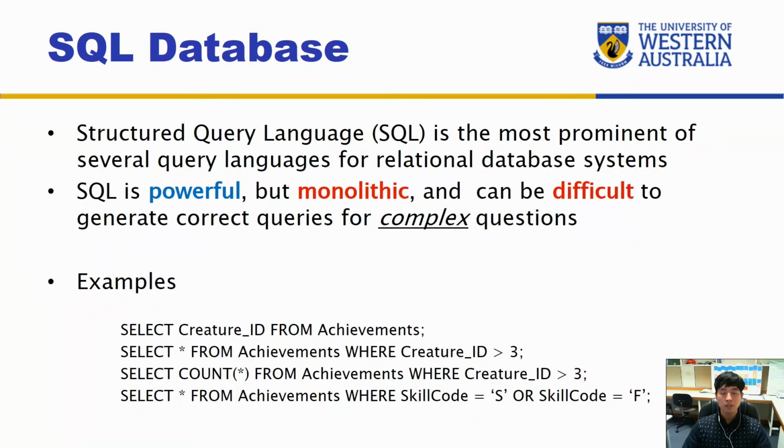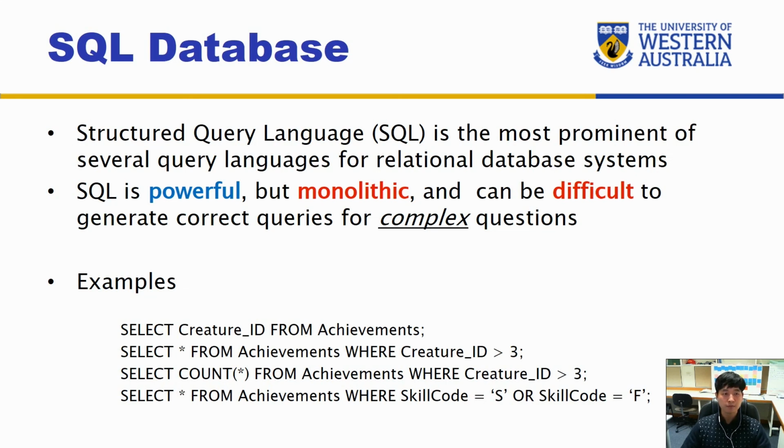Okay, so SQL, short for Structured Query Language, is the most prominent of the several query languages for relational database systems. Okay, I will not get into details about how these work. You should take the CITS relational database unit to understand better about them.